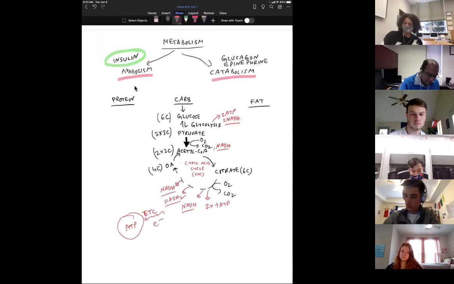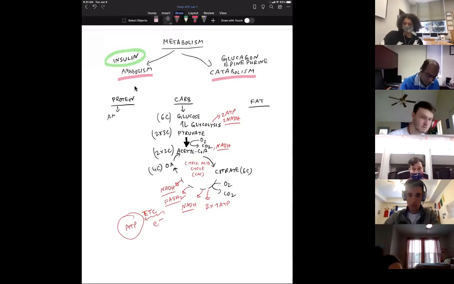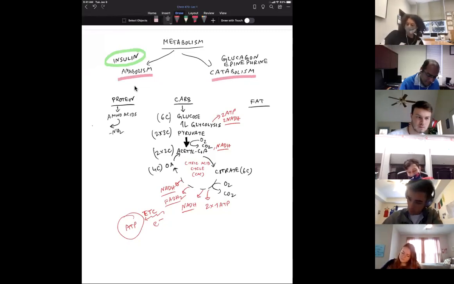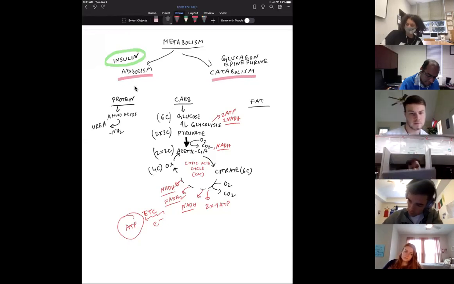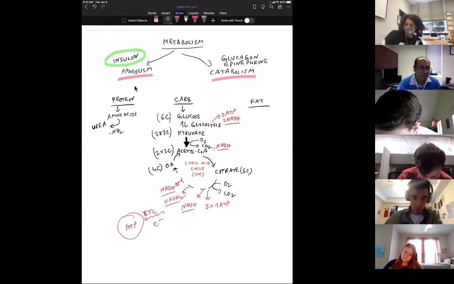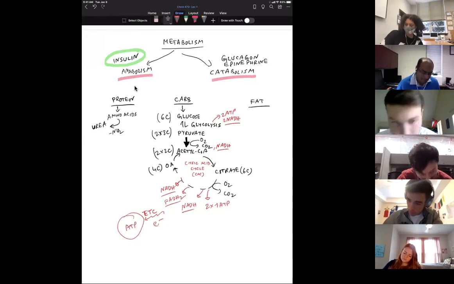And then the same thing happens for protein. When you have protein, we make amino acids. Then the amine part is excreted as urea. So the amine part has nothing to do with the citric acid cycle. We don't get ATP from amine, it's just excreted as urea.